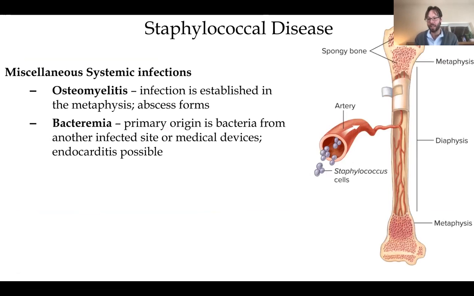Not necessarily a septicemia yet at this point, but it's bacteria that is now in the blood system, and this can be introduced during surgery if the medical devices weren't completely decontaminated. And it's particularly bad because once it goes into the circulatory system, now it can reach the heart. And that is when you get things like endocarditis. And that's very, very life threatening.